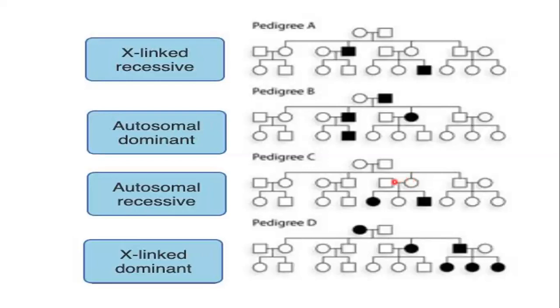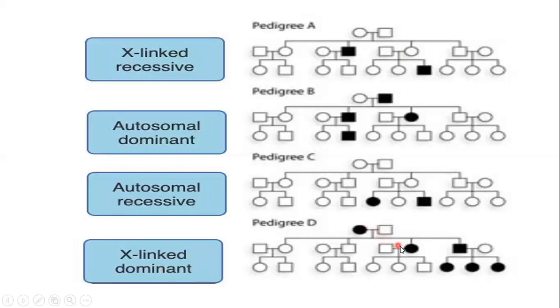She is further married to a normal person, but that male is also a carrier of the recessive allele. So both parents in the second generation are carriers of the recessive allele. So when they pass their recessive copies to their offspring, the offspring come in homozygous condition for the recessive allele and they express the disease.